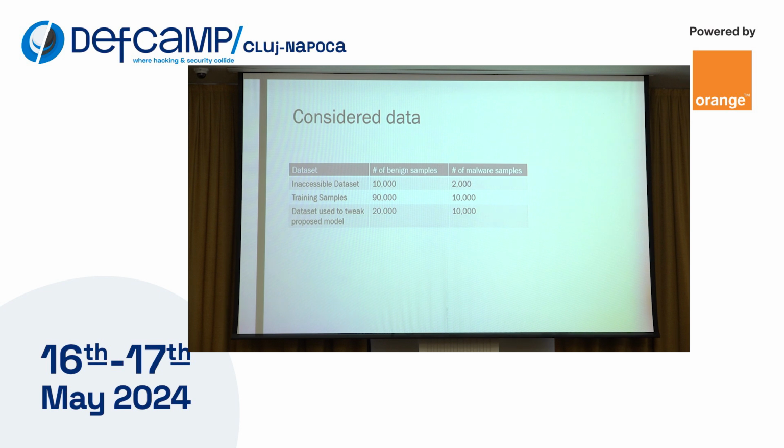So for the training process, we used 90,000 benign samples and 20,000 malware samples. Then, in order to tweak the proposed model, we used 20,000 benign samples and 20,000 malware samples.